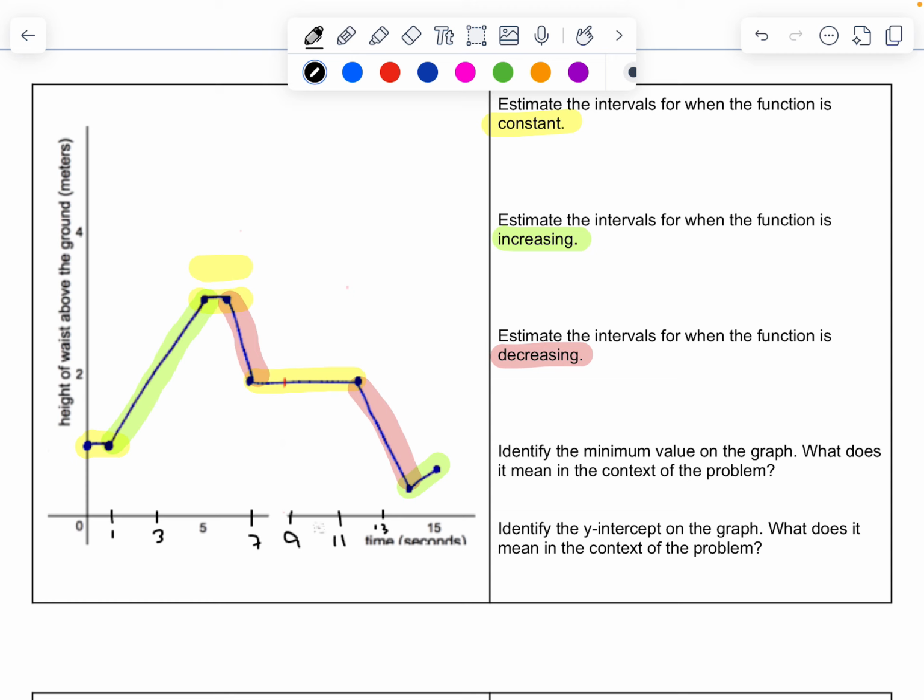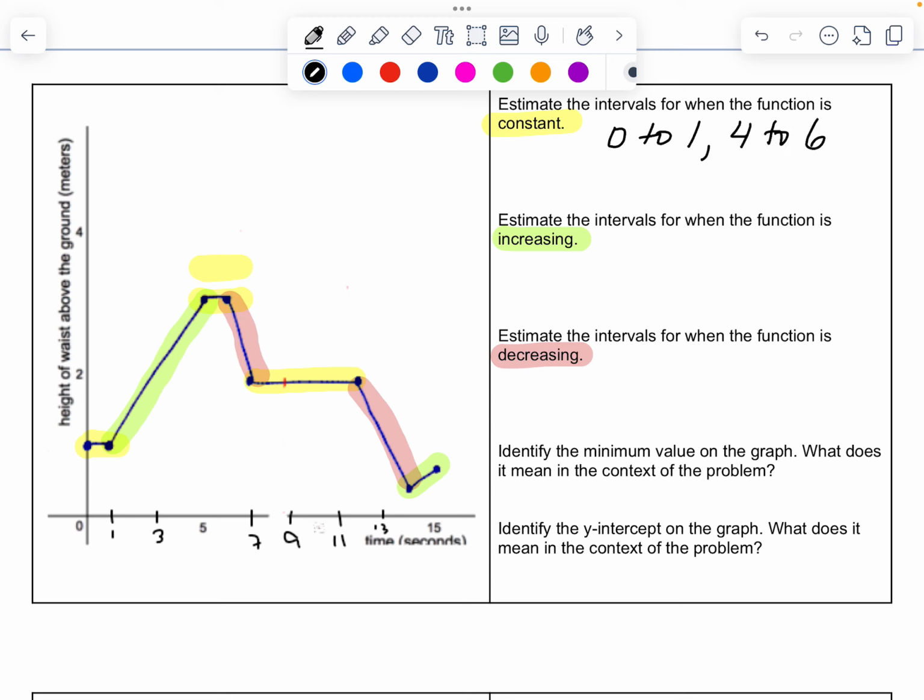For instance, when I see my yellow here, I know that my x values, when I go from 0 to 1, it's a flat line. I know, and we're going to do a little bit of approximation here. The second one would be 4 to 6.